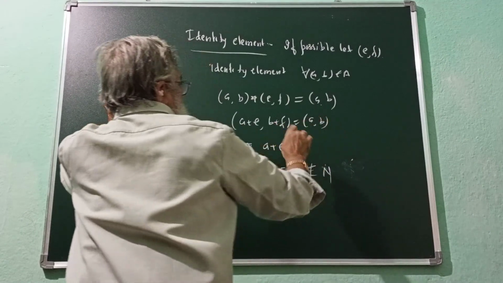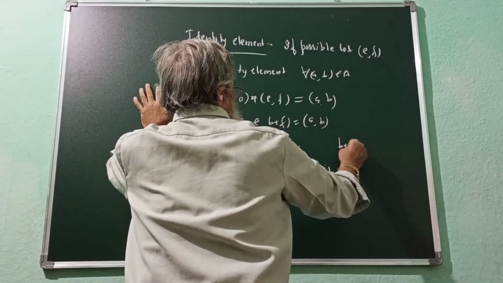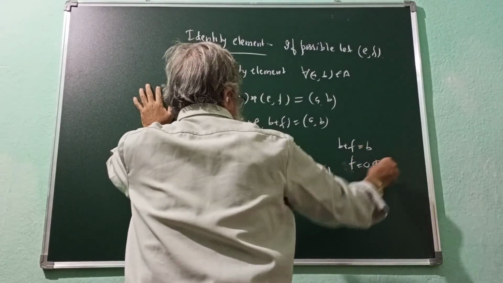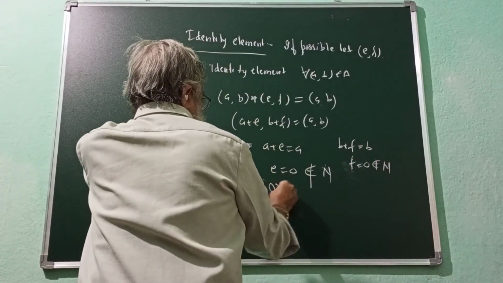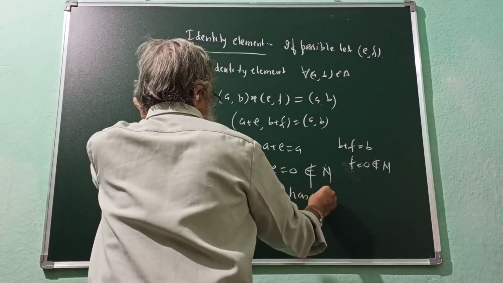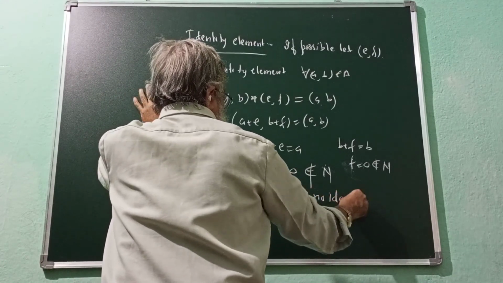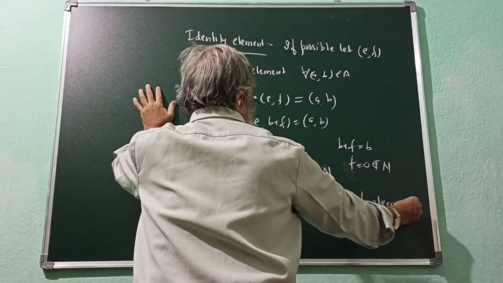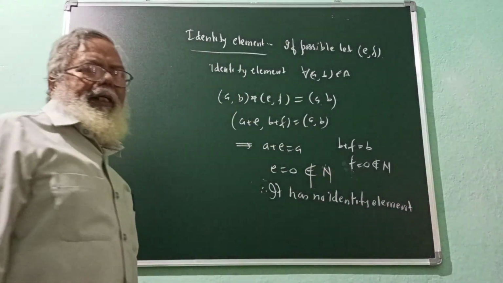Similarly for F also: if B plus F is equal to B, then F is also 0, which does not belong to N. Therefore it has no identity element.